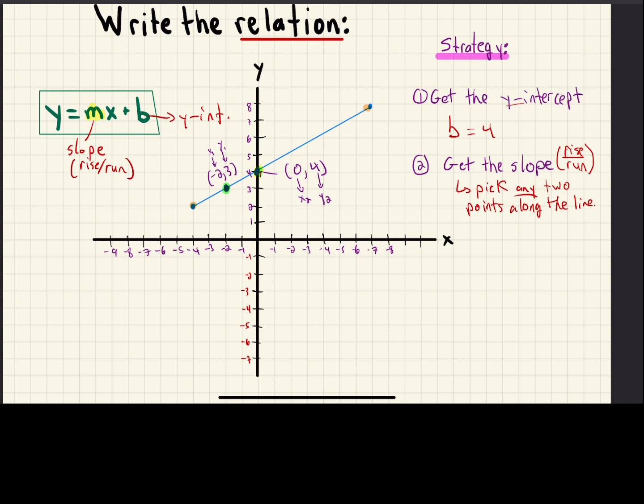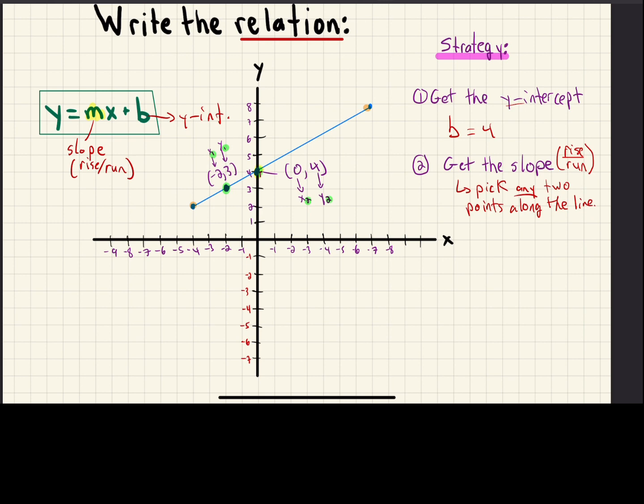Okay, so we read these graphs from left to right. So what I've done here is I put a subscript of 1s over here, so x1 and y1, and then x2 and y2, and of course the points that are furthest to the right, it refers to the second point.